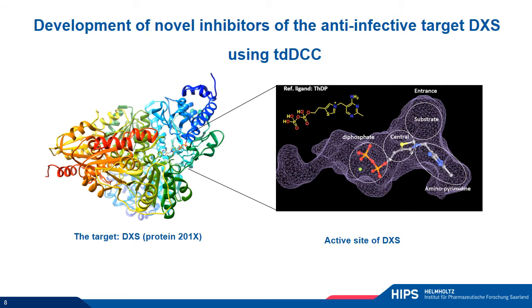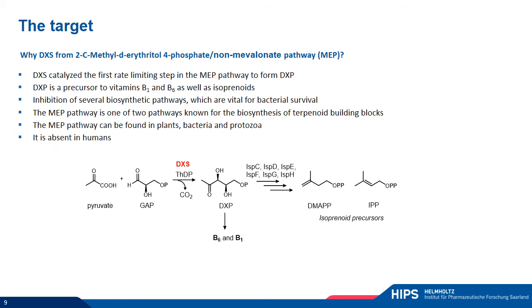We decided to test our hypothesis on the anti-infective target DXS. Why DXS as a target? DXS catalyzes the first rate-limiting step in the MEP pathway to form DXP, which is a precursor to vitamin B1 and B6, as well as isoprenoid precursors.